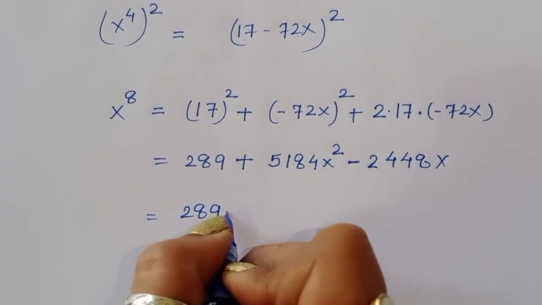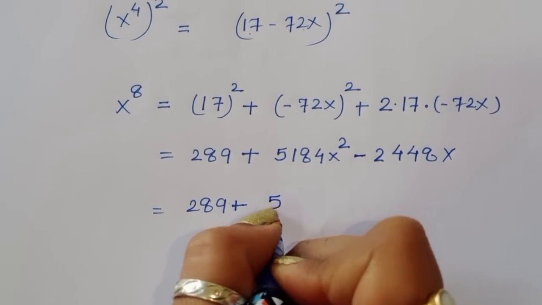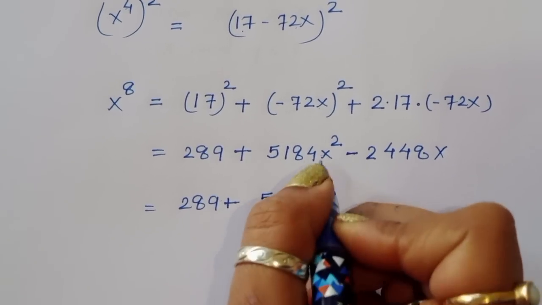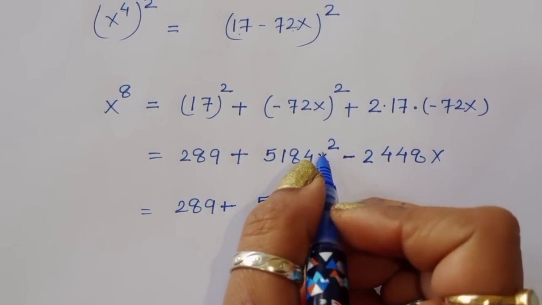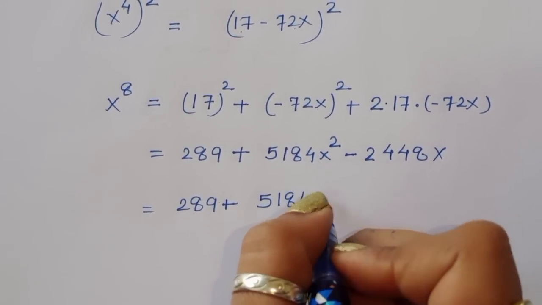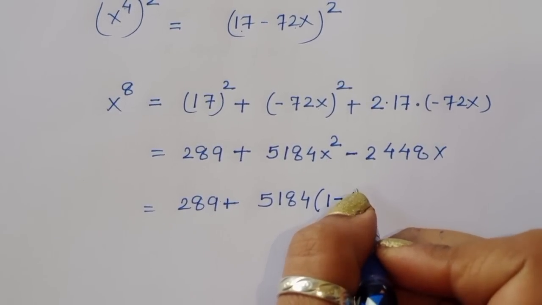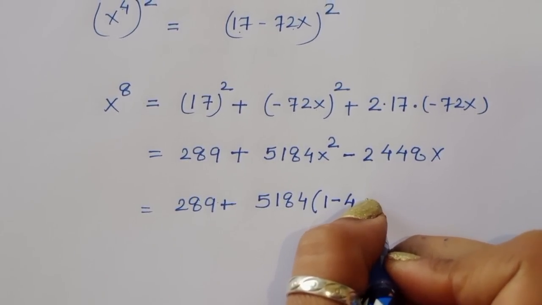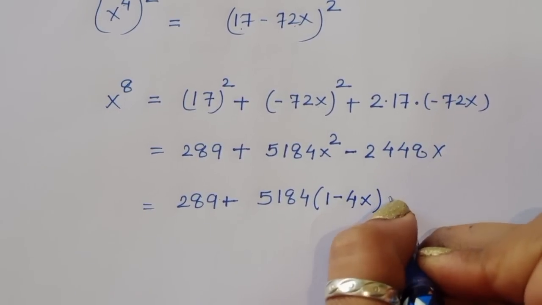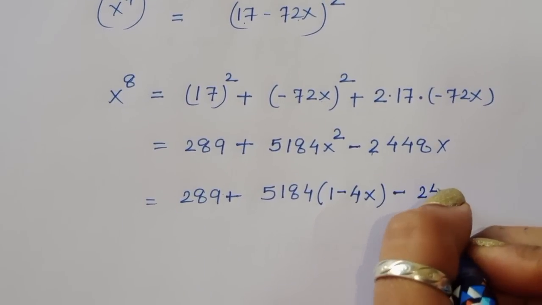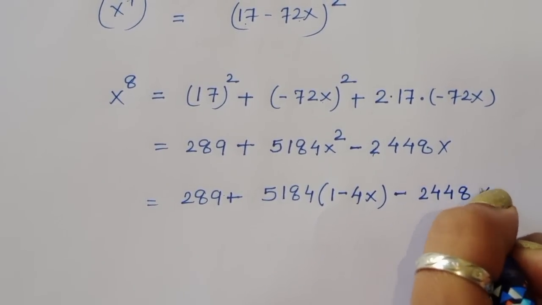Now x power 8 is equal to 289 plus 5184 x square. Again we are doing the same thing: the value of x square is 1 minus 4x, we are substituting according to equation 2. So 1 minus 4x, minus 2448x.